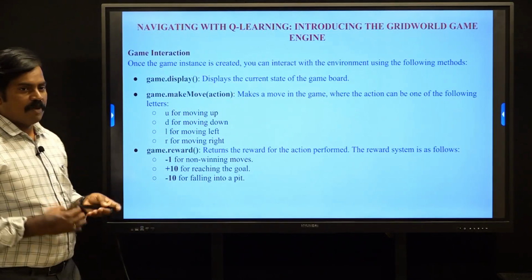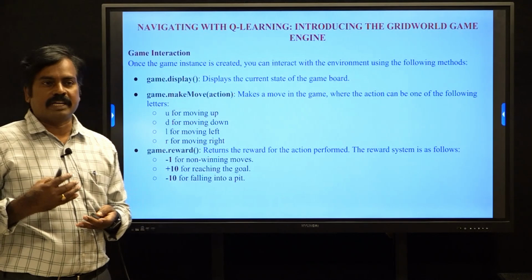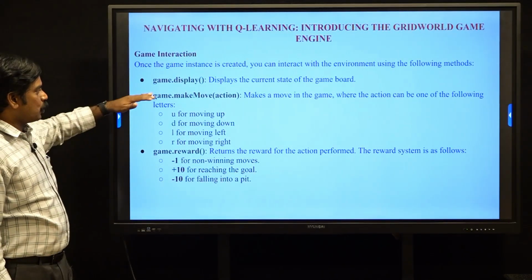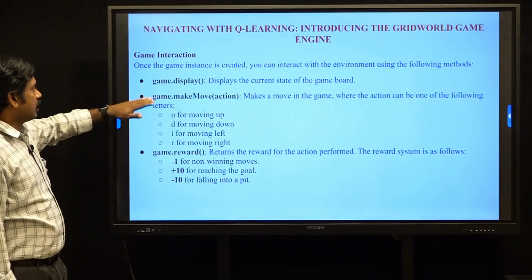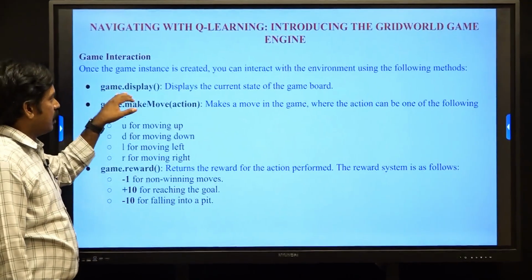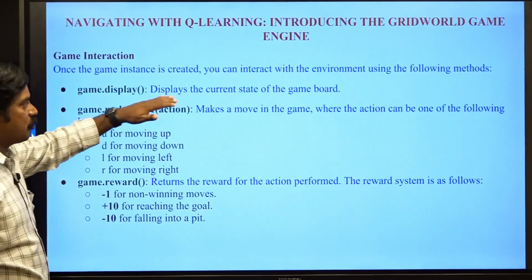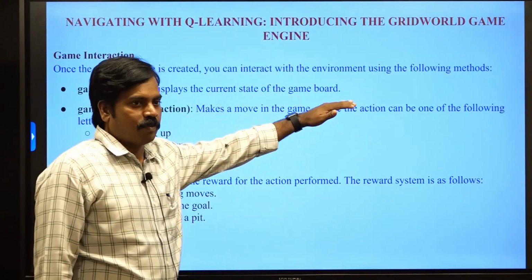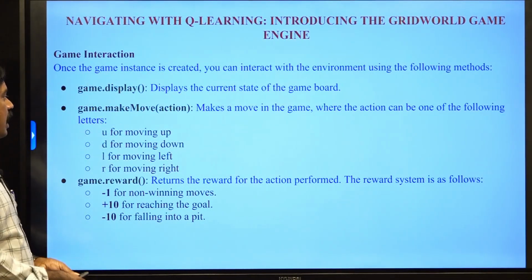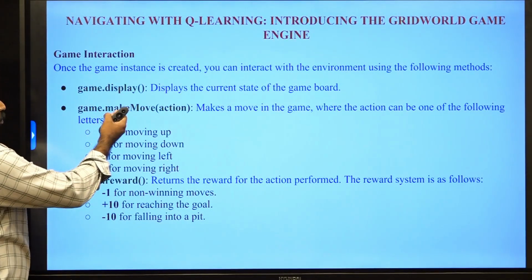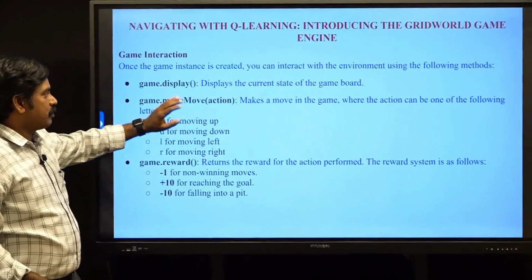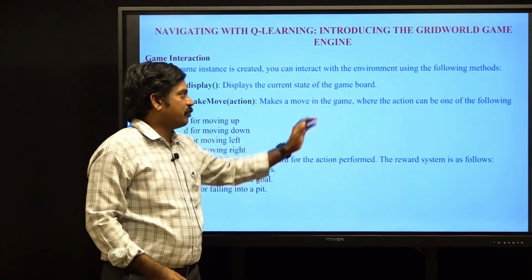Now the game interaction: how the agent or programmer interacts with the game. If you want to display the game, use game.display(). Here game is the object of this class, and game.display() displays the current state of the game board. Then game.makeMove(action) makes a move.